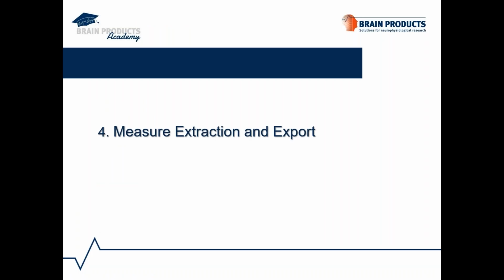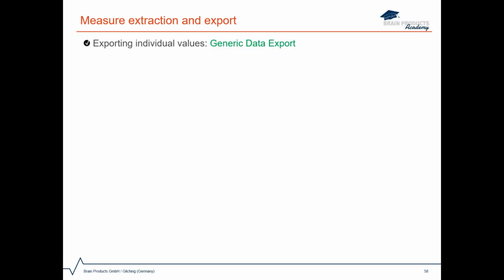Having performed your spectral analysis, you are likely to extract quantitative measures for further statistical analysis. Let me give you a comprehensive list of export options. If you intend to have the entire output, that is all data points, you can use the generic data export module, which works on time, frequency, and time frequency domains.